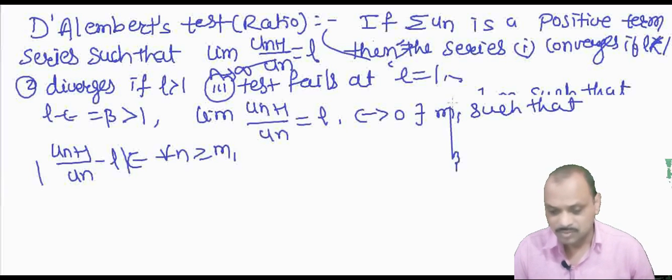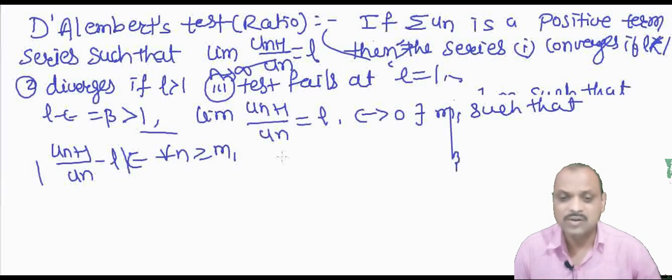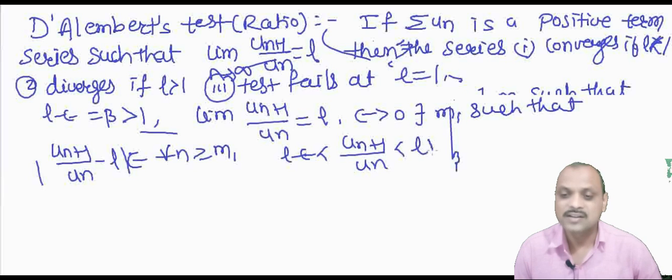Now from this limit we have L minus epsilon is less than u_(n+1) divided by u_n is less than L plus epsilon. But here we have taken this term as beta, so beta is less than this one.